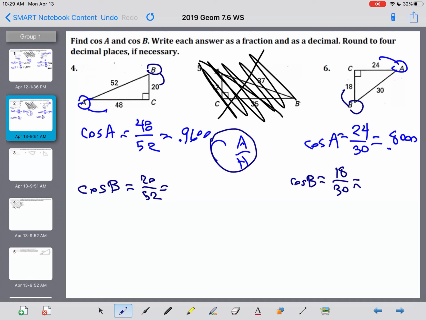And if I take 20 divided by 52, I get 0.3846. And if I get 18 divided by 30, I get 0.6000. We'll not see too many problems like that.